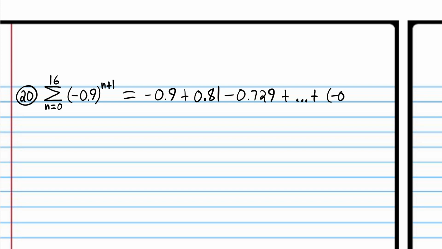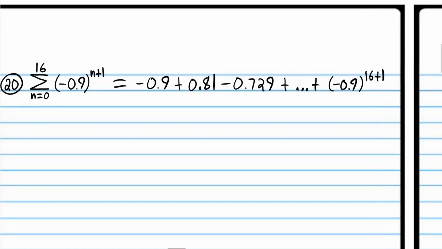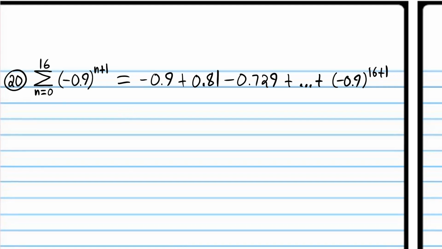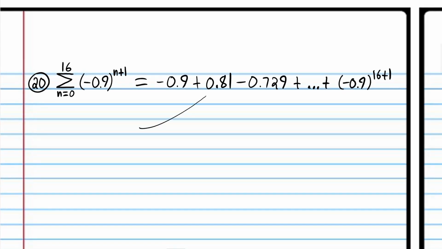The last term would be negative 0.9 to the 16 plus 1 power. So the first term is negative 0.9. This is obviously geometric because we're just multiplying by negative 0.9 each time.